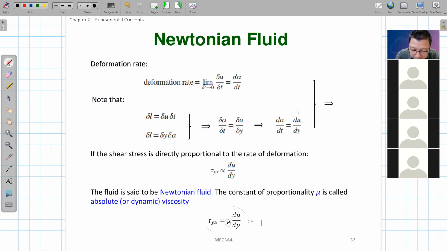If you want to use the kinematic viscosity, then you have to multiply by another rho, times du dy. So just make sure that if you want to calculate the shear stress from this velocity gradient, this one has to be mu, or if you have nu, you have to multiply by the density. Okay.